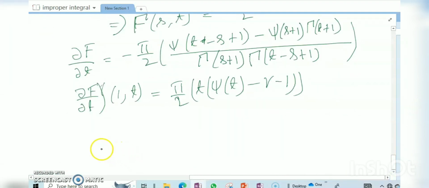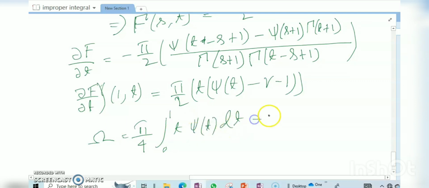So my omega is equal to half, means pi by 4, integral 0 to 1 t into gamma dt, minus pi by 2, minus plus integral 0 to 1 minus gamma t into dt.